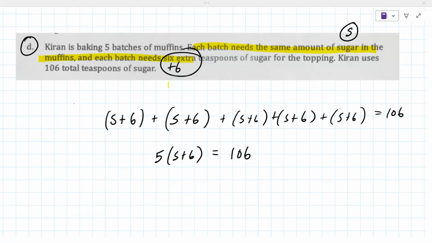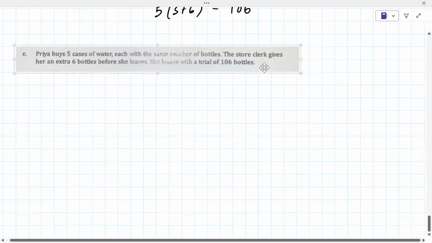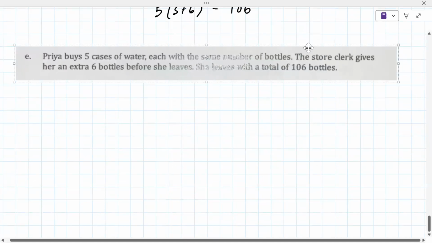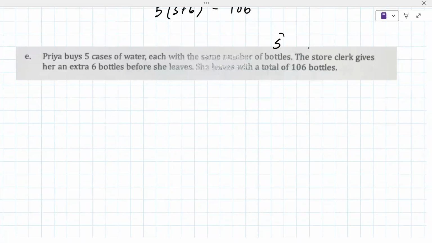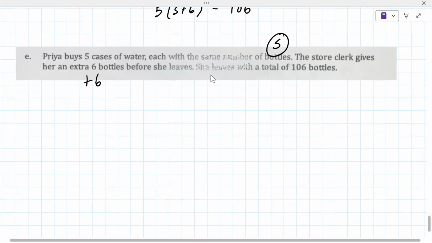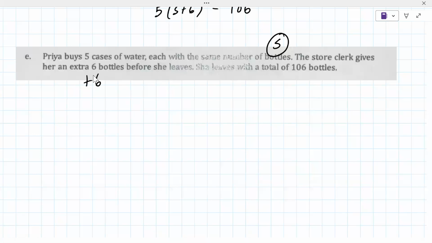All right, so let's take a look at E now. You said E worked. Let's take a look at it again. Priya buys 5 cases of water, each with the same number of bottles of water. So we'll call the bottles of water S. The store clerk gives her an extra 6 bottles before she leaves. Now, is that for each case, or is that just a one-time extra 6? For each case.